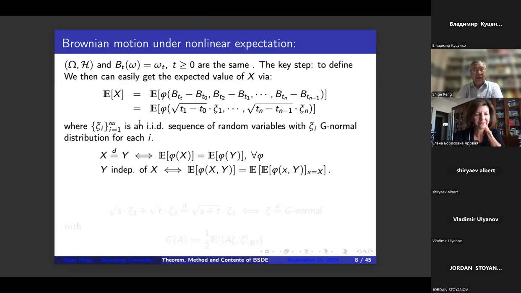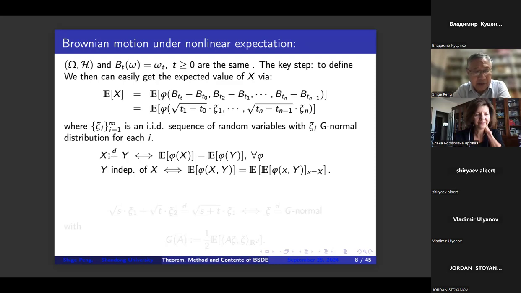Here we mention two important notions. The first is the so-called identical distribution.